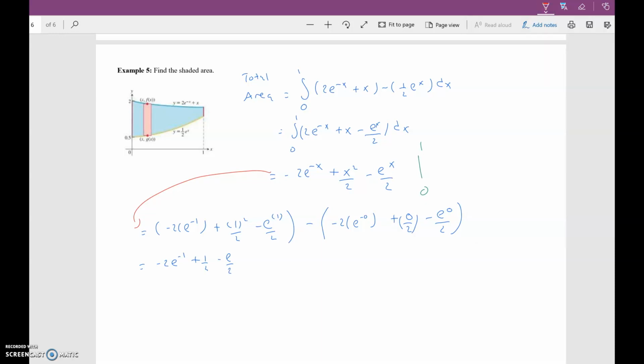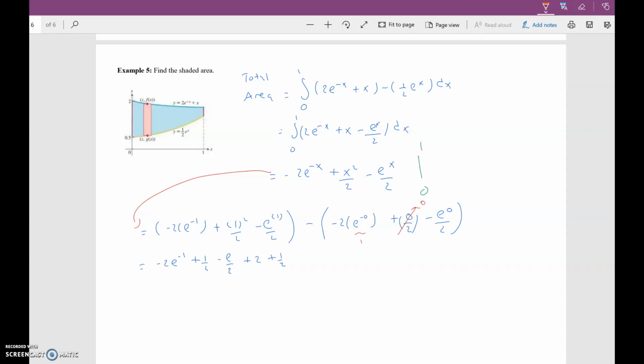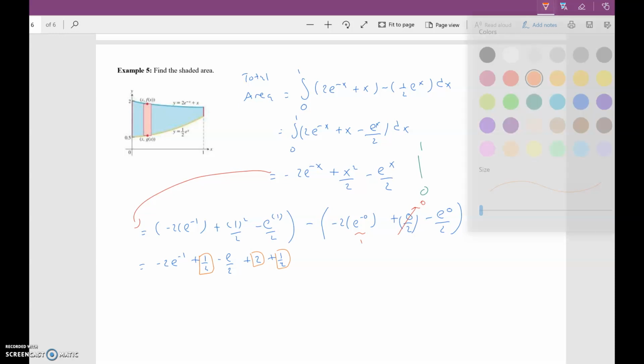From the second term, this one's going to go to 0. This is going to be technically 1, so we're just going to get plus 2 from here, and then plus the values of 1/2. Let me combine all the integer values: a half plus another half plus 2, so that's going to give us 3.